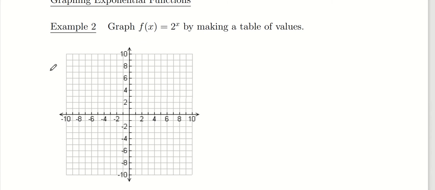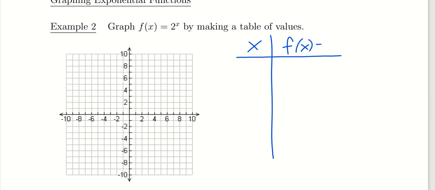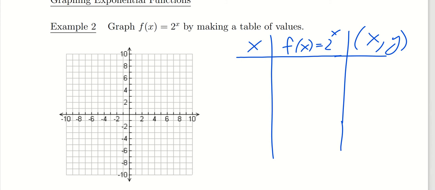To begin, let's graph f of x equals 2 to the x by making a table of values. And I want to use a few negative values. I want to use 0, and let's use a couple positive values.